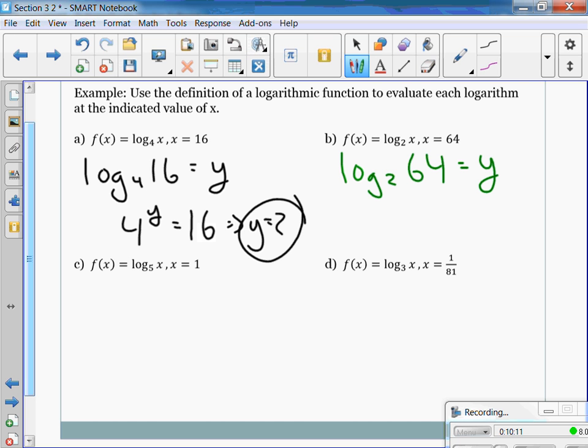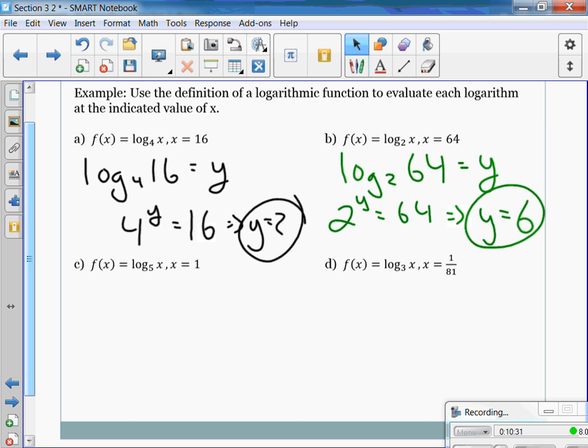So we're saying 2 to what power gives me 64? So we come up with a value of 6. Again, it's a lot easier to take that log equation and write it in exponential form, to determine what is that missing value.